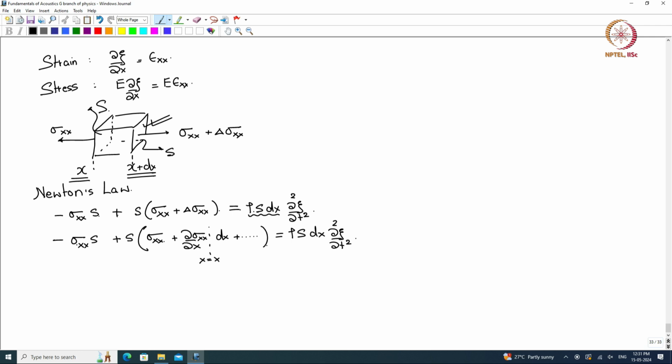Now if we cancel off these terms, the first terms cancel off, and ignoring the higher order terms of the Taylor expansion, I have S del sigma xx by del x dx is equal to rho S dx del 2 xi by del t square.